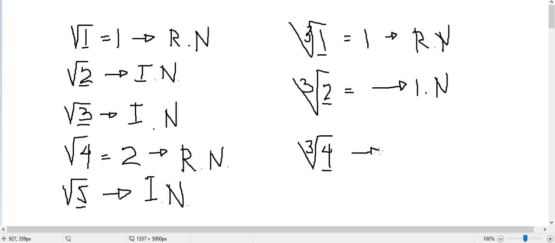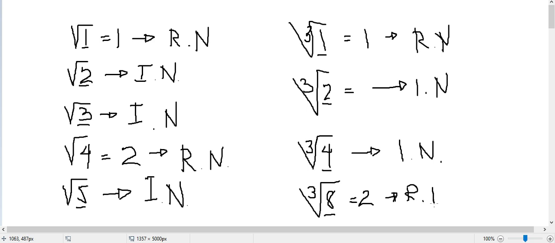Therefore, cube root of 4 is an example of irrational number. Last one, cube root of 8. 8 is a perfect cube, and that is equal to 2. Therefore, cube root of 8 is an example of a rational number.